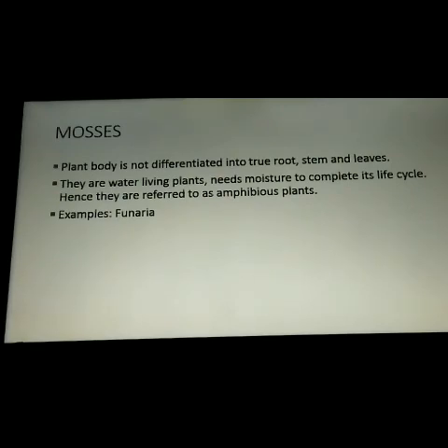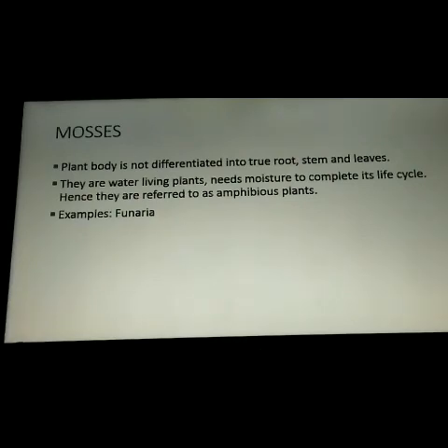Those plants which grow in the water region and need moisture are said to be amphibious plants, right? They do not have any specialized vascular tissue for the conduction of water and food. For example, we can say Funaria. It is an example for mosses kind of plants, right?